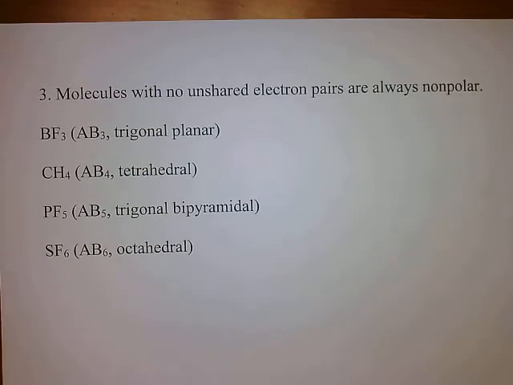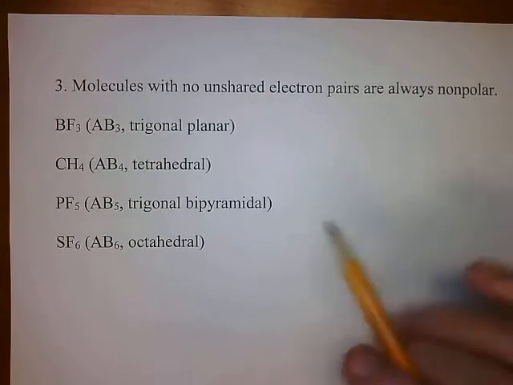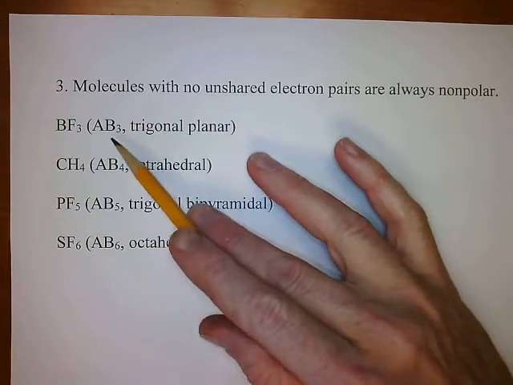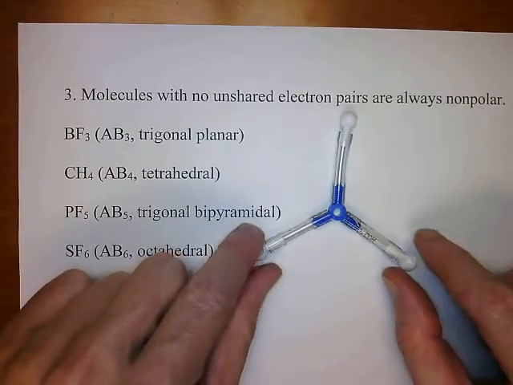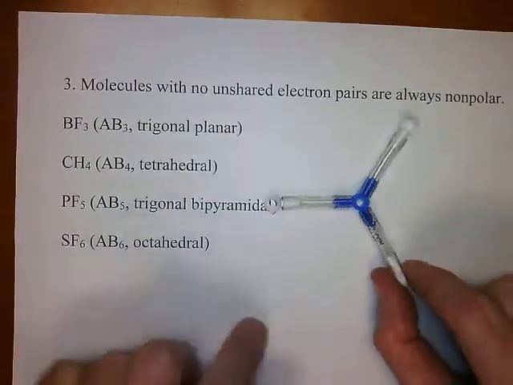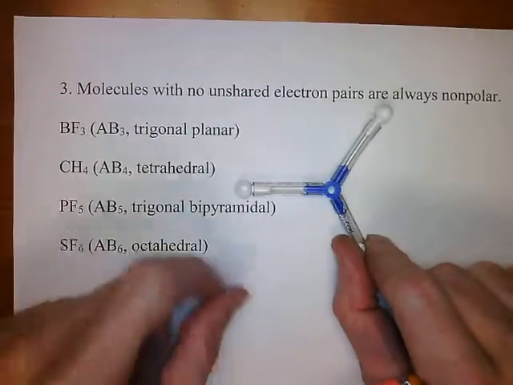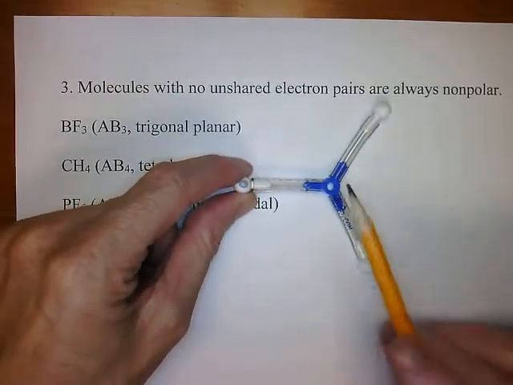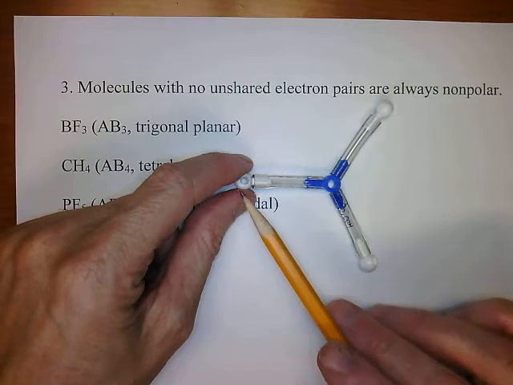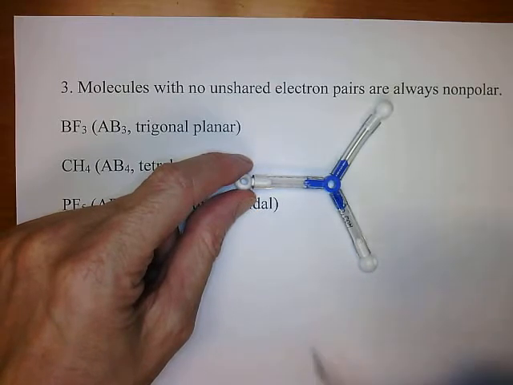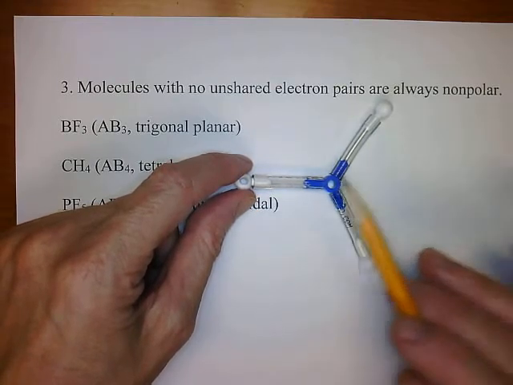Alright, so let's look at the first example, BF3, which is an example of an AB3 molecule, which is trigonal planar. Okay, it looks like this. It's planar, it's flat. So you might want to say, wait a minute, the atoms aren't the same. This is a boron and this is a fluorine. So why isn't it polar?